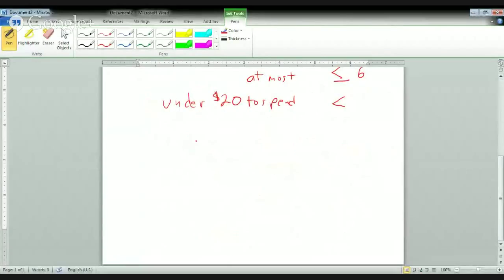If we have something simple like 2x is less than or equal to 12, well, we see that we have our variable on the left side and it has a positive coefficient.